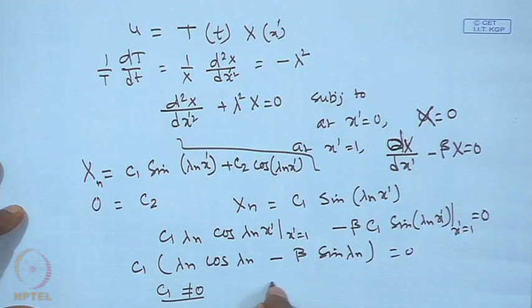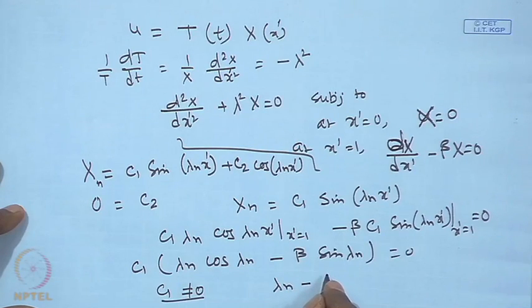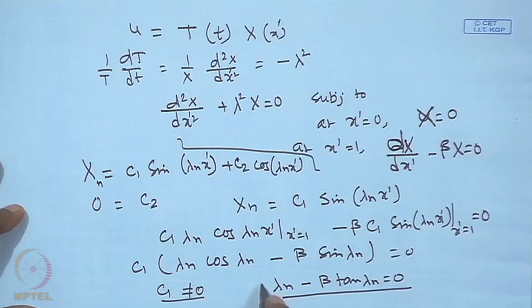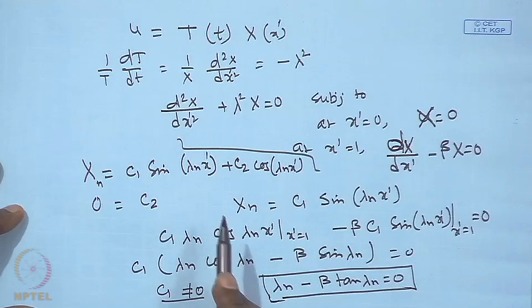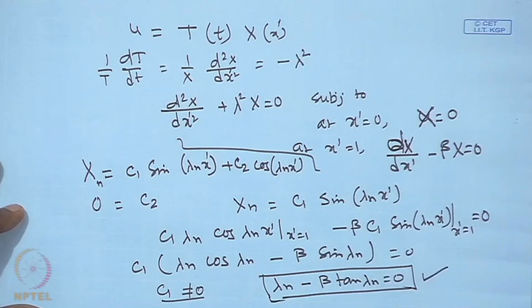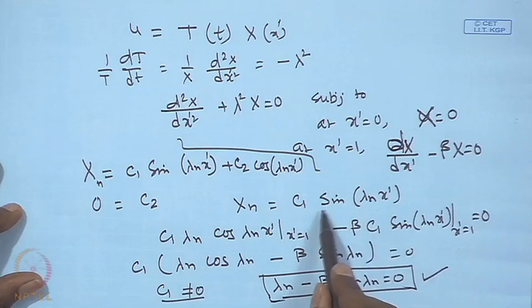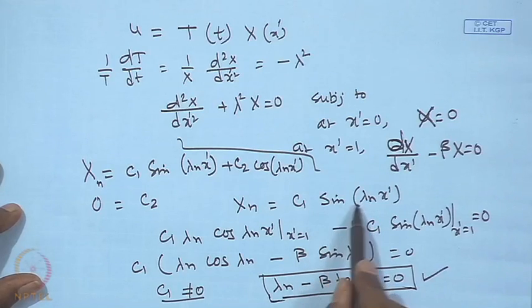we have lambda n minus beta tan lambda n equal to 0. So, these boundary conditions make the eigenvalues the roots of this transcendental equation, lambda n minus beta tan lambda n, and the eigenfunctions remain the same sine functions, but in this case it will be sin lambda n x prime.